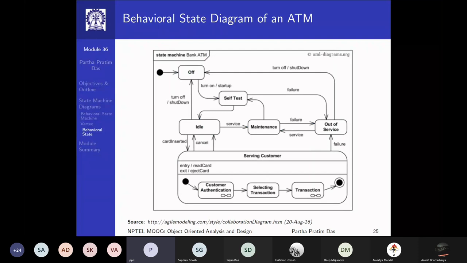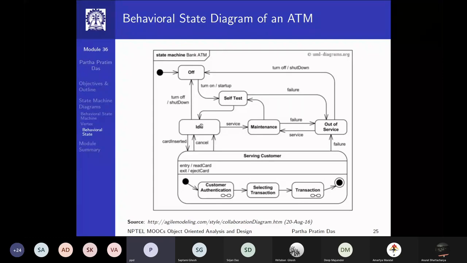So this is kind of a little bit blown up example of the ATM. So you come in, it is kind of off. So you turn it on. So these are different triggers that are happening. So the trigger is turn on, and the action that happens is the machine starts up, gets into a self test. If that fails, it gets into out of service.